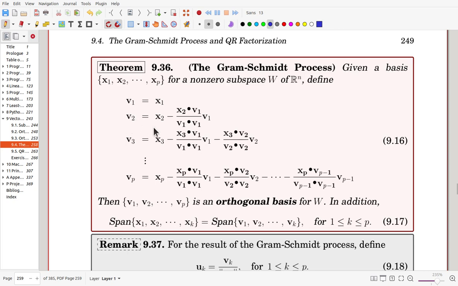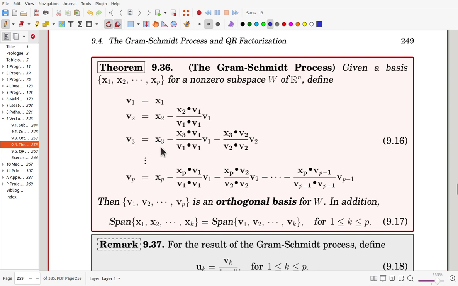Now we'll go to the next step. Now x3 is projected into the direction of v1 and also onto the subspace of v2, and the remainder part is an orthogonal component v3.